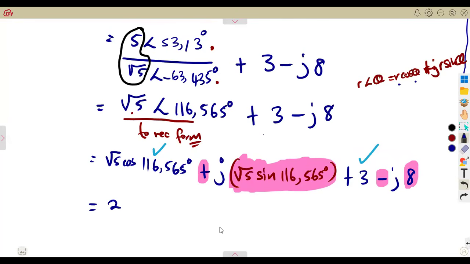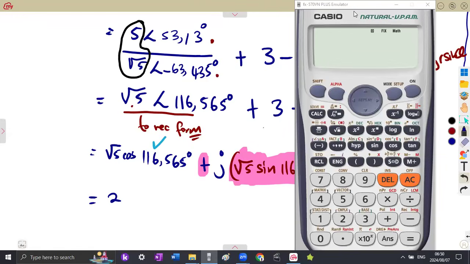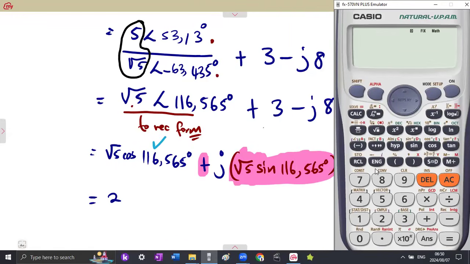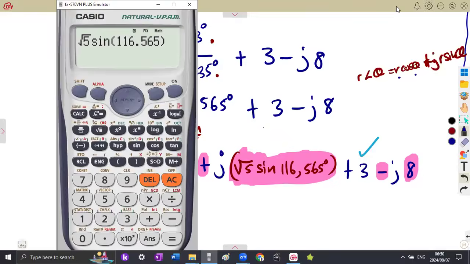Okay, so let's simplify this. Let's have this first one says the square root. So there's a plus. So plus, guys, we can just write as it is. Square root of 5 sine 116.565. Okay, just close the bracket of a sign. Then we are going to subtract 8. So that's minus 8, whatever that you're going to have there.